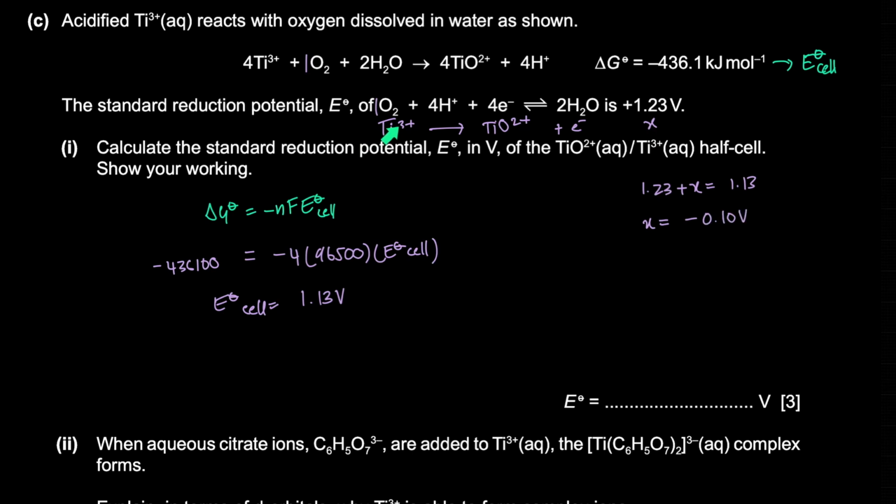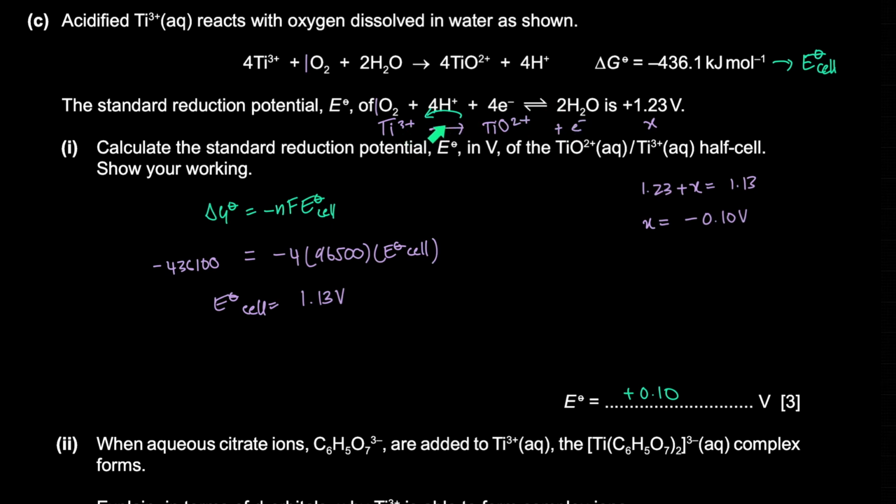Negative 0.10 volt is the potential for the loss of electrons. The standard reduction potential is for the gain of electrons, so when the electrons are on the left hand side, the standard reduction potential here will be plus 0.10 volts. Again, what I did here was figure out the EMF of the cell using the relationship between Gibbs free energy change and the EMF, and from the EMF of the cell, I was able to determine the potential for this half equation.